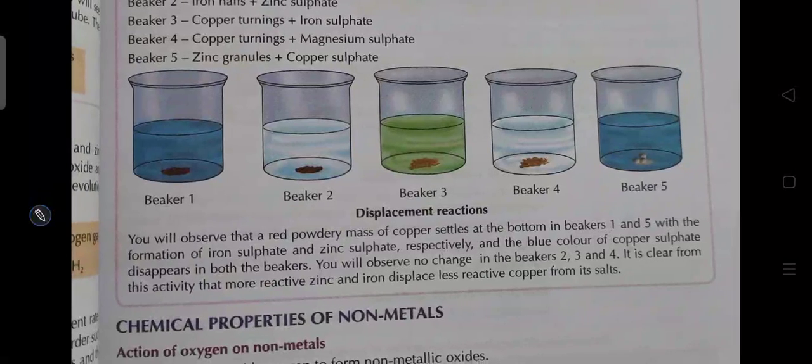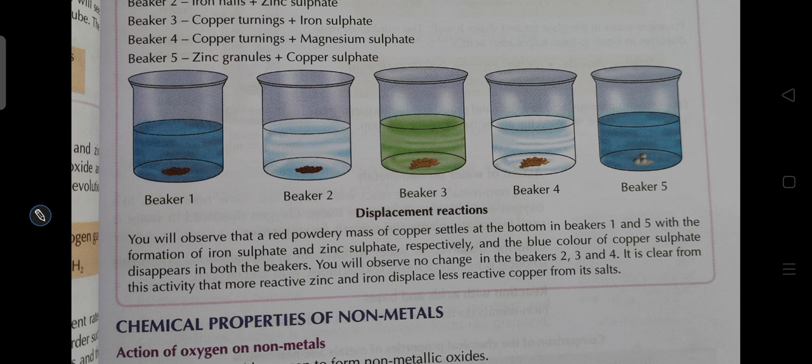Here also you will see a displacement reaction. You will observe that a red powdery mass of copper settles at the bottom in the first and fifth beakers, with the formation of iron sulfate and zinc sulfate respectively, and the blue colour of copper sulfate disappears in both beakers.